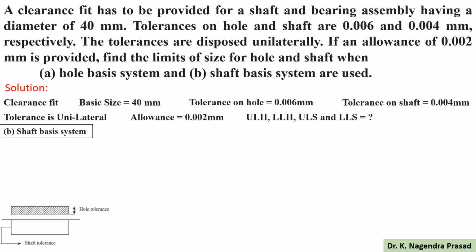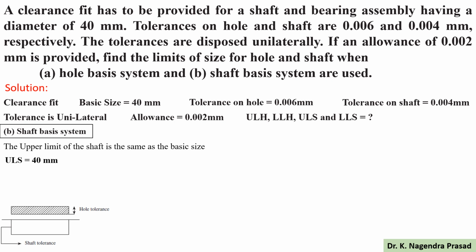Moreover, in the shaft basis system, the upper limit of the shaft is the same as the basic size. In the data, the basic size is 40 mm. Then the upper limit of the shaft is equal to 40 mm.